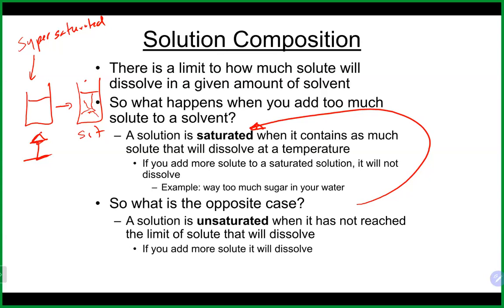It's so unstable that sometimes when people do this experiment, just lifting the flask and gently putting it down is enough to cause it to jump out of solution. That's because in a supersaturated solution, you've ended up with way too much solute dissolved in that much solvent, and it creates a very unstable solution.